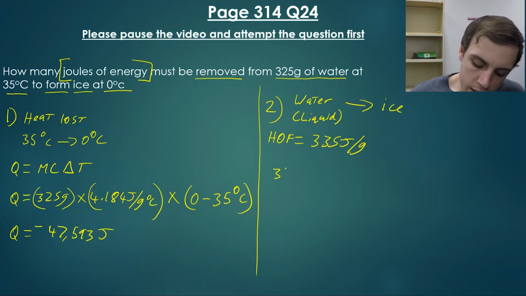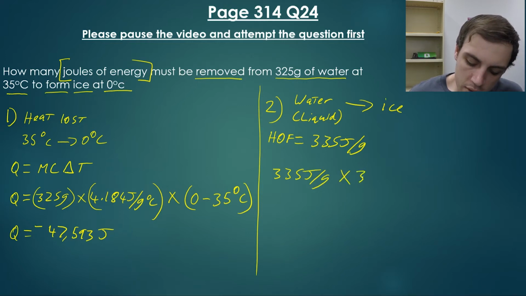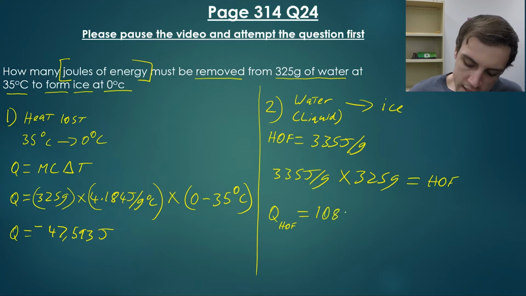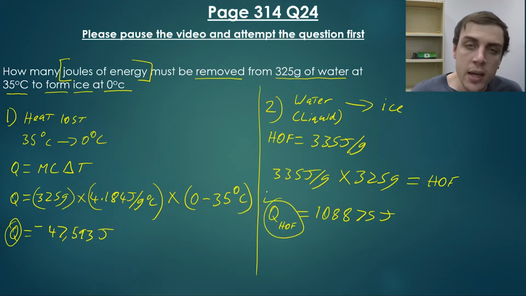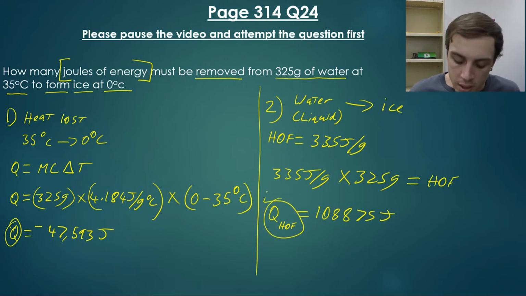So we have 335 joules per gram multiplied by 325 grams will equal to the heat of fusion. Therefore, the amount of heat responsible for the heat of fusion is equal to 108,875 joules.